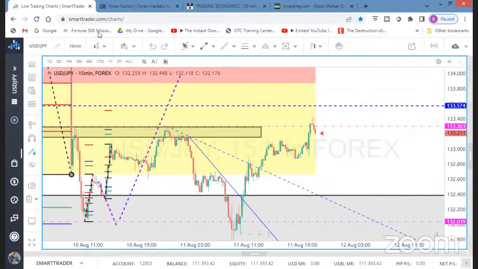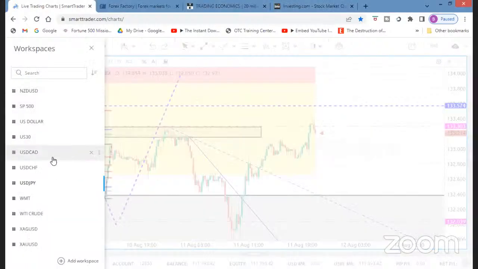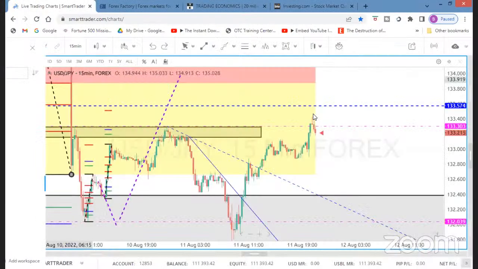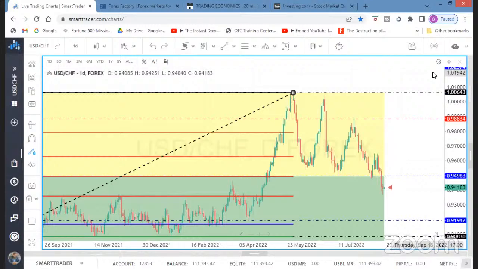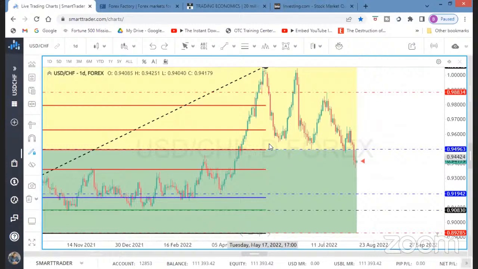So also, since we're in the dollar pairs, I want to take a look at this dollar Swissy, right? So let's look. Okay. We got the dollar hovering at that support level again, the DXY. And we come down on the daily right into this 61.8 zone, and we're starting to stall a little bit.